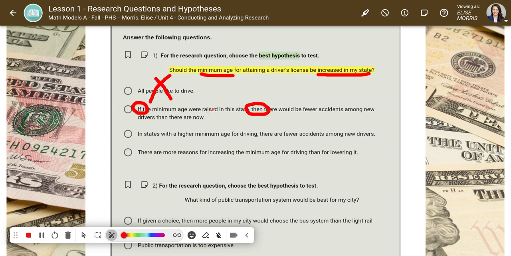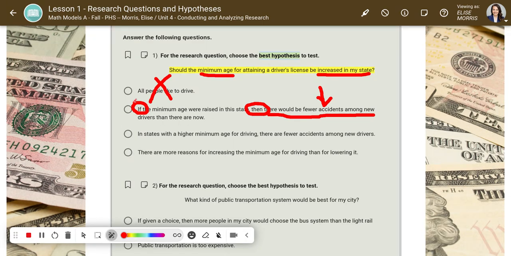So if the minimum age were raised in this state, then there would be fewer accidents among new drivers than there are now. Okay. I don't know if this is the conclusion we're trying to come to. Fewer accidents. It's related, but I don't know if that's our best. It could be. I haven't read them all yet.